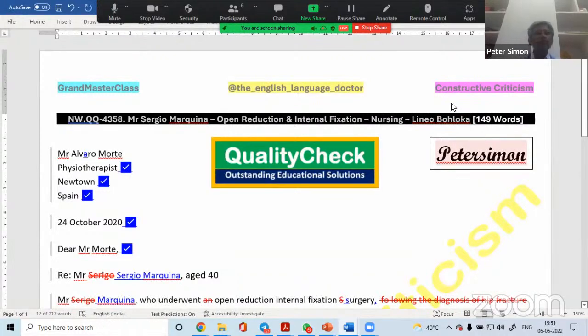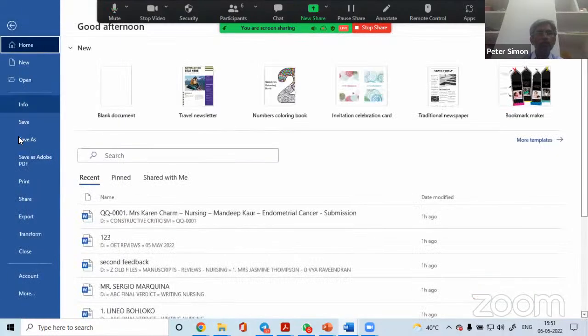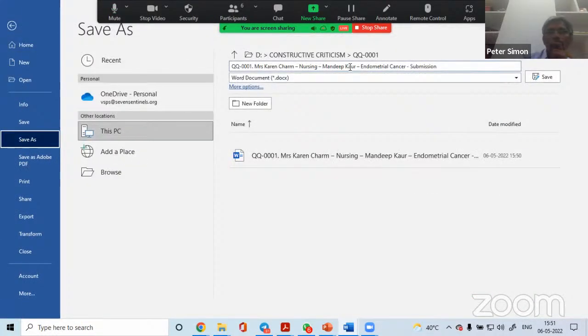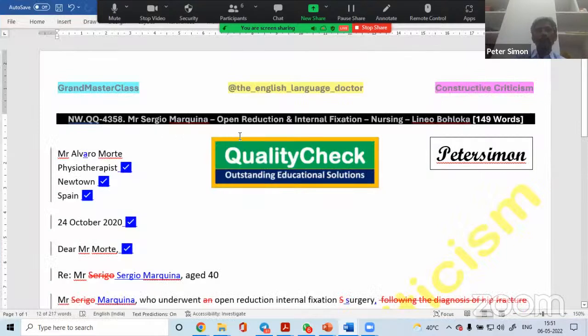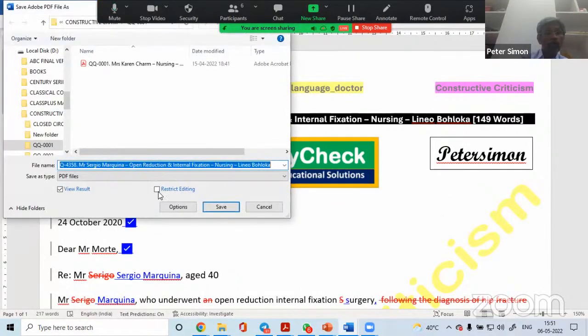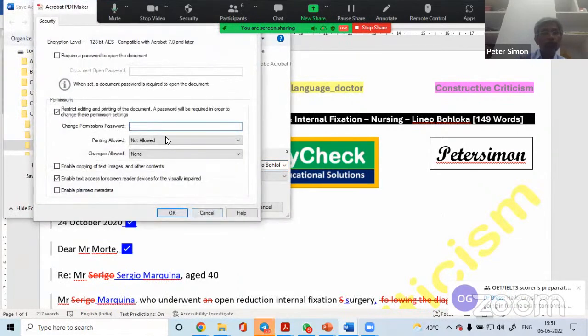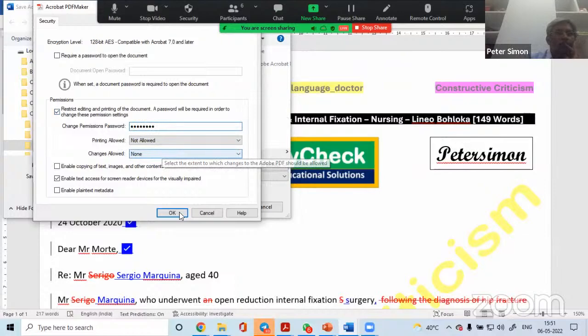Okay. Control C. File. Save as. Control V. Save. Okay. Right. Now file, save as Adobe PDF. Okay, restrict editing. Nobody should edit. Change password. Okay.